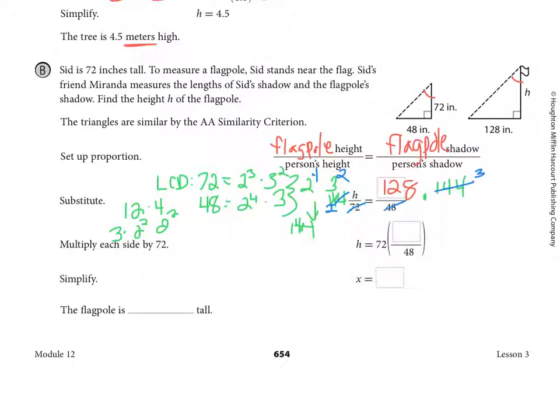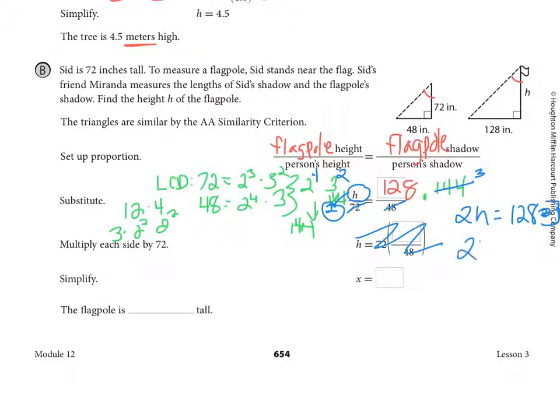So I have h equals, I'm just going to go off to the side here and do my own thing, because it's 2 as a factor that is left over, times h, or 2h, is going to equal 128 times 3 times 3.